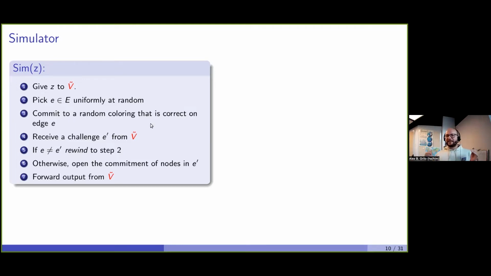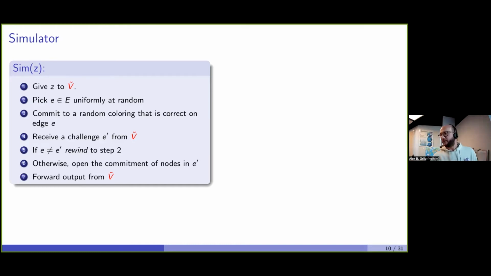Remember that the simulator has to run in polynomial time. It won't be able to create a proper coloring, but when you fix an edge, it's very easy to have a coloring that's correct on that edge. You just pick two different colors there, and you color everything else in a different way.